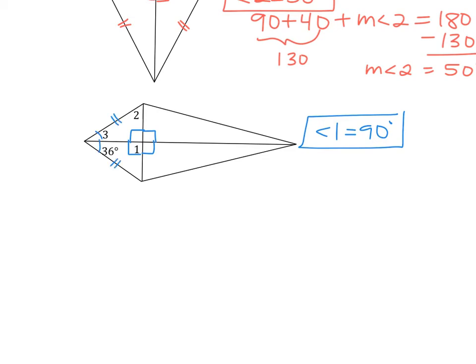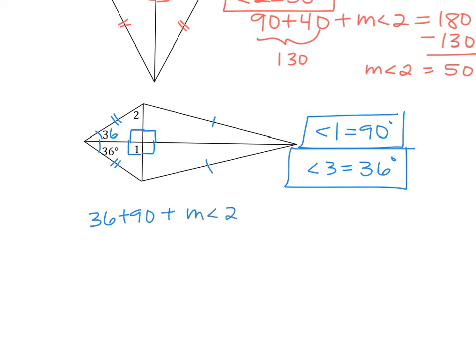If it helps you to see your markings here, the kite's laying on its side, right? So 3 would be 36 because that gets bisected. Okay. So then if this is 36, what is angle 2? 54. You're going to subtract from 180. So 36 plus 90 plus the measure of angle 2 would equal 180.